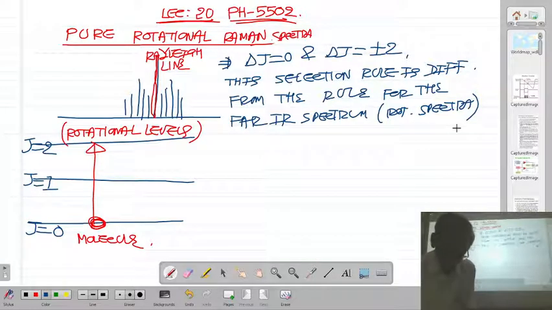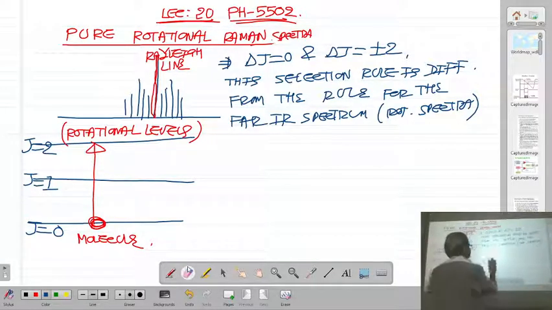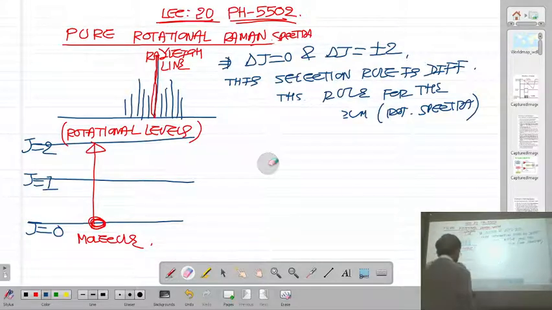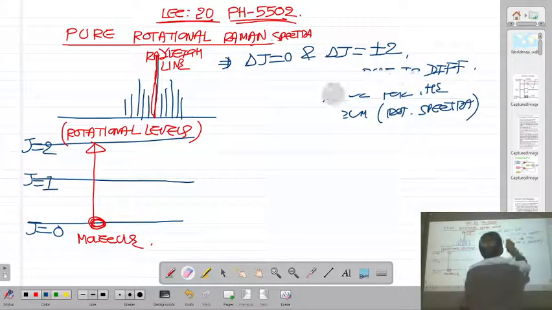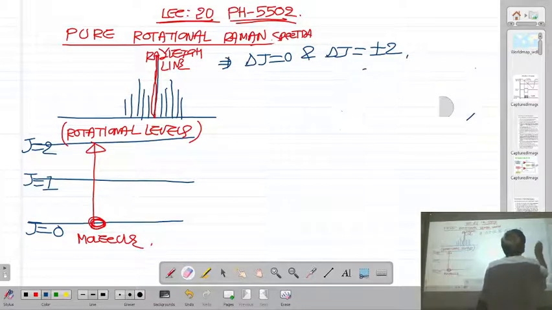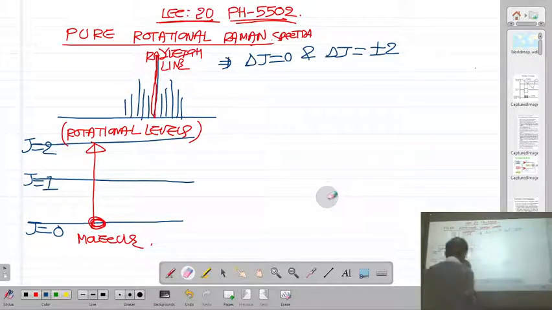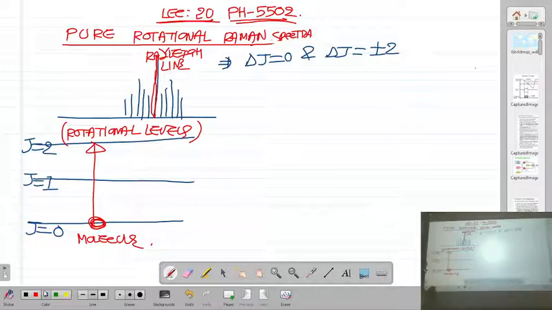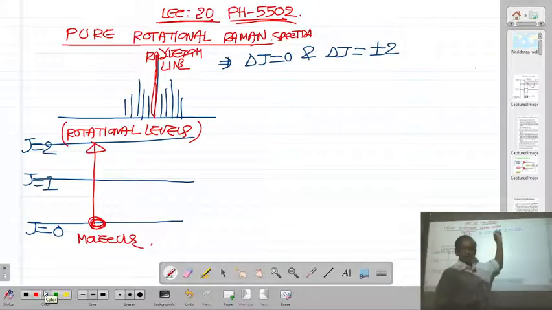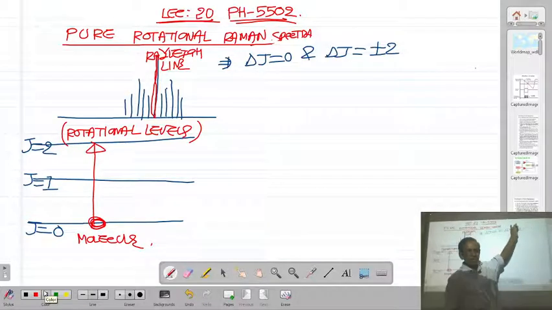Okay. Now, this delta J is equal to 0. I will show you the transitions corresponding to delta J 0. I will also show you the transition corresponding to delta J plus 2.